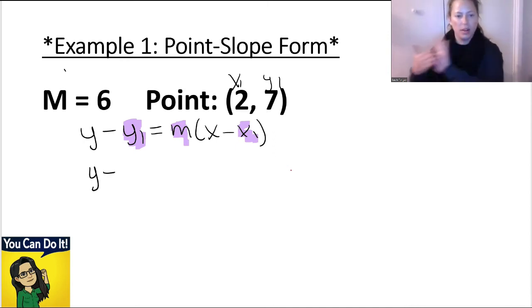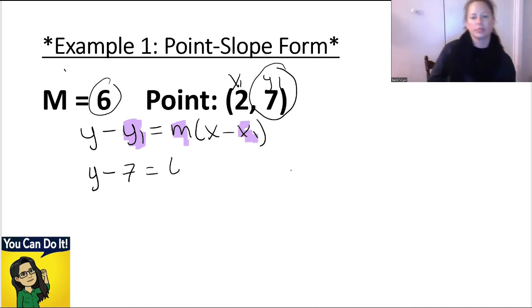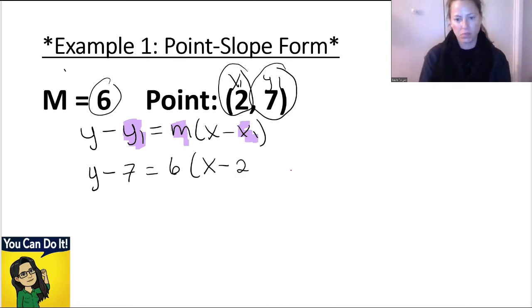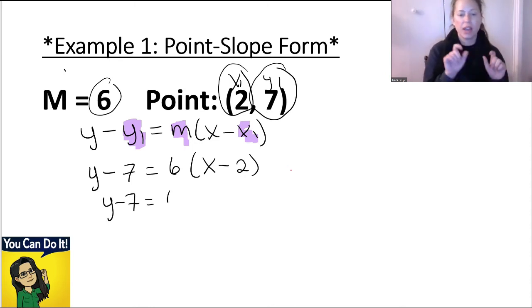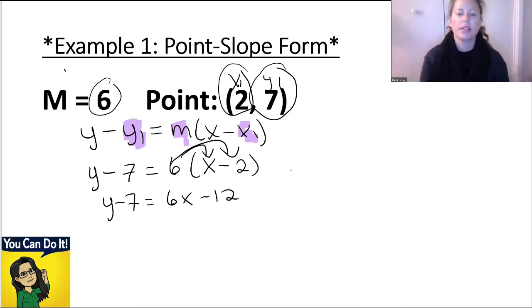Y minus y1, y1 is 7, equals, my slope is 6, 6 times x minus x1, which is 2. Okay, now let's simplify. I don't need to simplify on the left, but I need to use the distributive property on the right. So that'll be 6x minus 12.